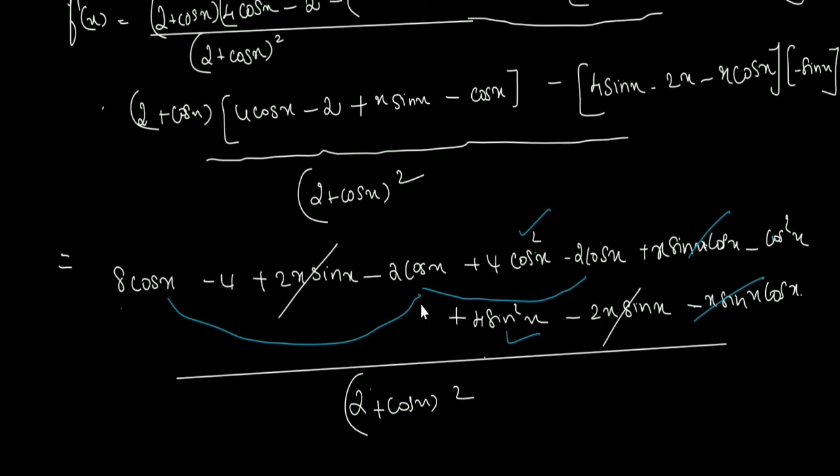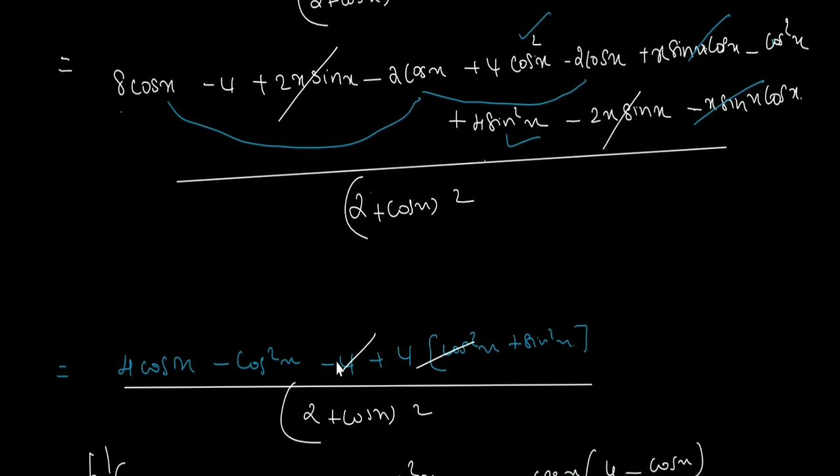So you know that these terms get cancelled, 2x sin x and minus 2x sin x, then x sin x cos x and minus x sin x cos x get cancelled. So you have 8 cos x minus 2 cos x minus 2 cos x, that is 8 minus 4, 4 cos x, minus 4, and you have 4 cos square x, and here you have 4 sin square x.